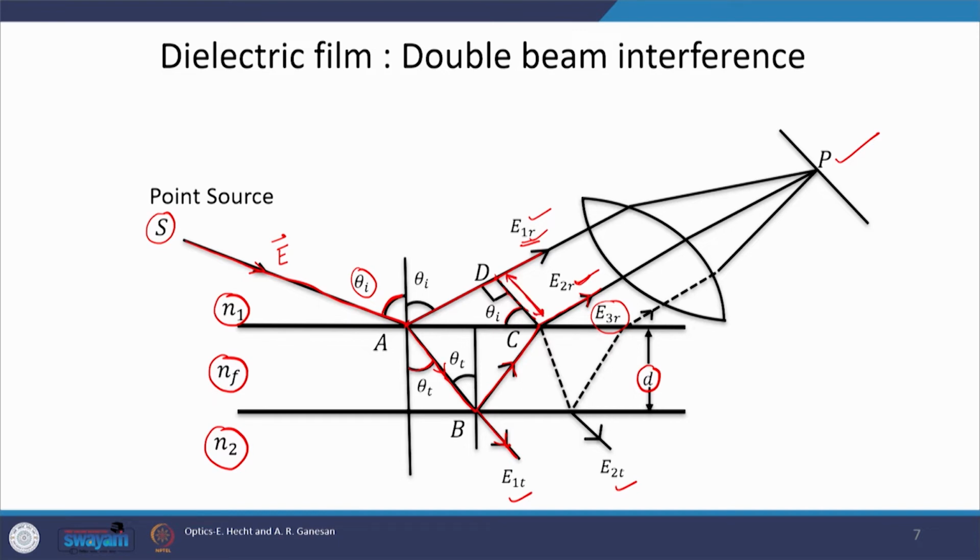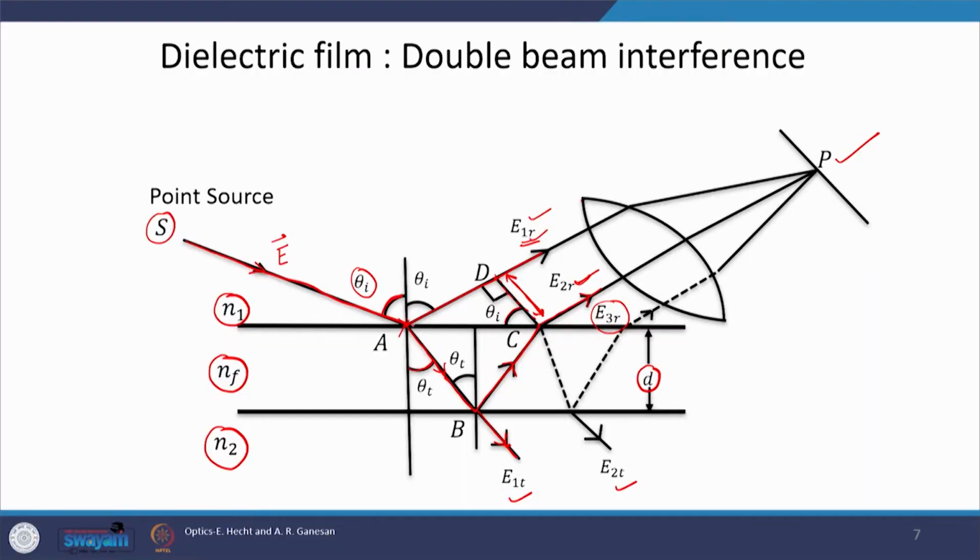Here the path length after line DC is the same for both of the rays. And here we put a lens. What does it do? It makes them overlap; it converges the rays, and therefore these rays superimpose at point P, where we are supposed to get the interference pattern or fringe formation.